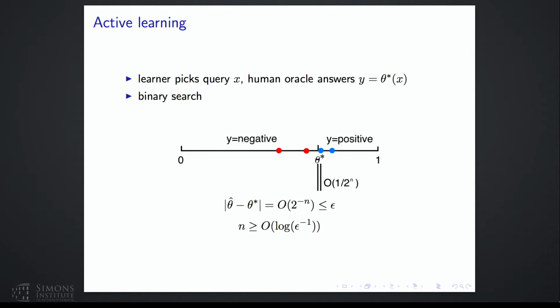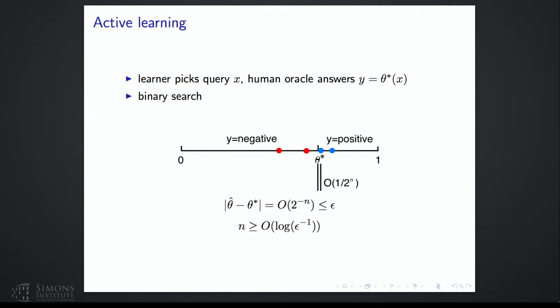Let's say the human says, hey, it's negative. Then it cuts off the left-hand side, and asks the next query, which is the middle of what remains, and so on and so forth. By doing so, every time the learner can cut off half of the hypothesis space, therefore after n queries, we're very close to the true target.